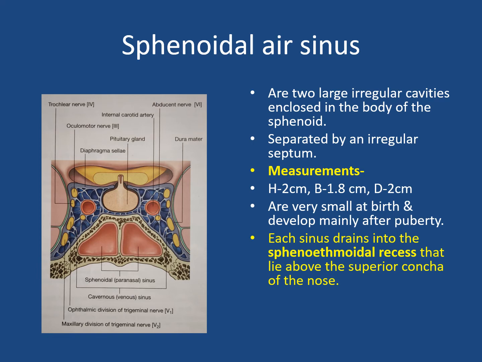Their approximate measurements are: height approximately 2 cm, breadth approximately 1.8 cm, and depth approximately 2 cm. Each sphenoidal air sinus drains into the sphenoethmoidal recess that lies above the superior concha of the nose, and these openings of the sinuses have been explained in my last class.